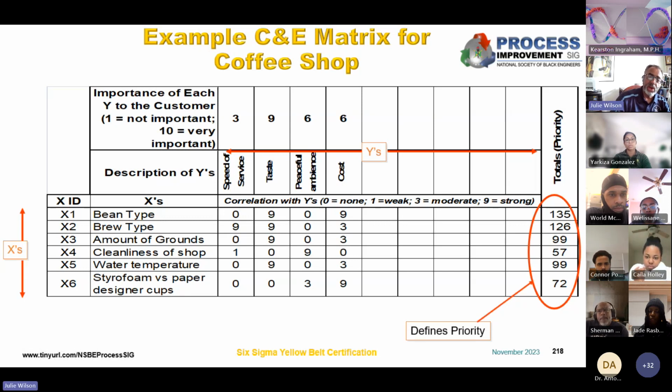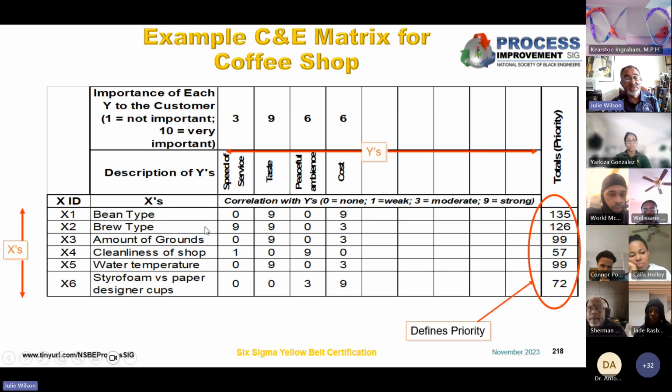So the way that a matrix works and what it looks like. We can look at a final product here, and we'll describe how we get this matrix. But this is what the matrix might look like. What you see is an Excel spreadsheet. Up along the top, you'll see the factors that are important to the customer, like for instance, speed of service, taste, the ambience of the place, the cost associated with the cup of coffee.